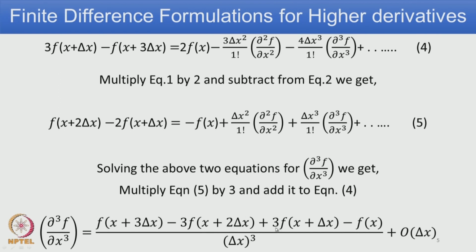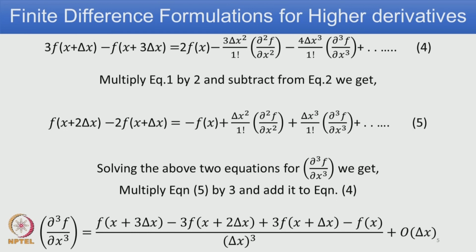You can recognize that it requires 3 additional points in the forward direction with respect to the function value itself. So, f of x is the point of interest at i, and you need function values at x plus delta x, x plus 2 delta x and x plus 3 delta x, and this is a forward difference formula of order delta x. You can just follow this procedure as we did for the first derivative and second derivative.